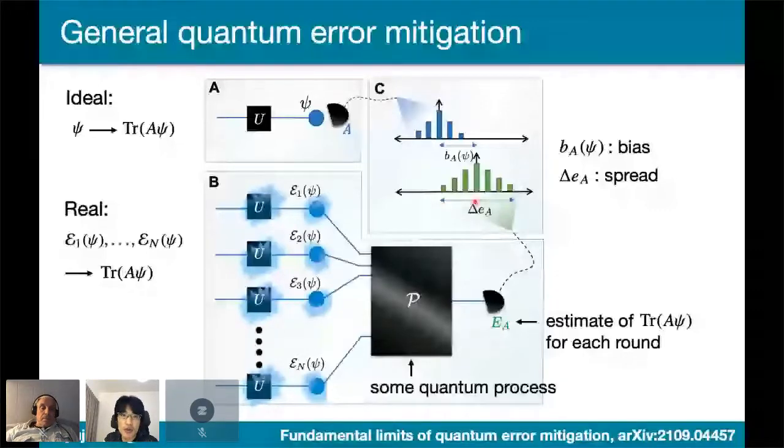Bias is basically the deviation in your estimator from the true expectation value you're trying to estimate. And you might also have different distributions from the true distributions. You might have some spread over these distributions. So this is another parameter that we're going to look at, and we are going to take a closer look at these two quantifiers later. But this is the general picture in a nutshell of how quantum error mitigation works.